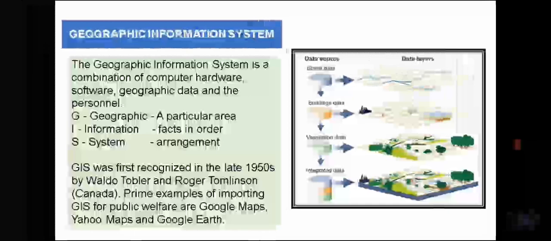S stands for system or arrangement, that is GIS. GIS was first recognized in the late 1950s by Roger Tomlinson in Canada. Prime examples of GIS for public welfare are Google Maps, Yahoo Maps, and Google Earth.